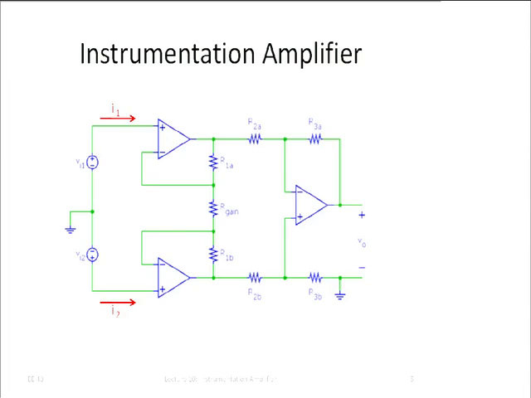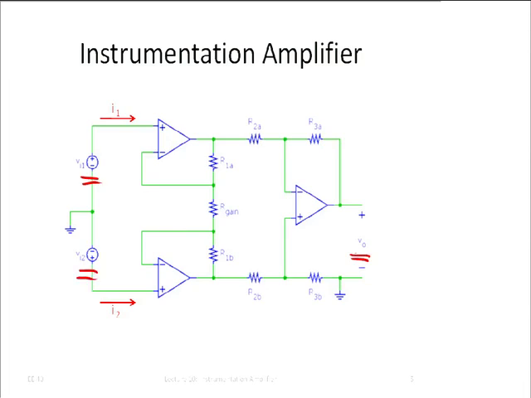So now our problem is, well, what in the world is this mess with 3 amplifiers actually doing? Okay? So the circuit is a bit complicated, so how are we going to analyze this? What do we want to know? Well, we want to know what is the output voltage as a function of the 2 input voltages here.